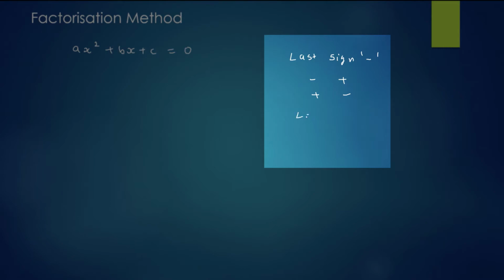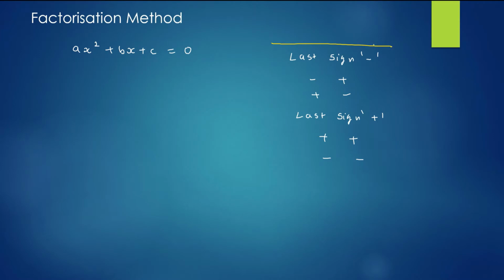And if your last sign is positive, then it can be a plus and plus, or it can be a minus and minus. This is your standard rule, applicable to all the sums. We will look at this when we are actually solving the sum.